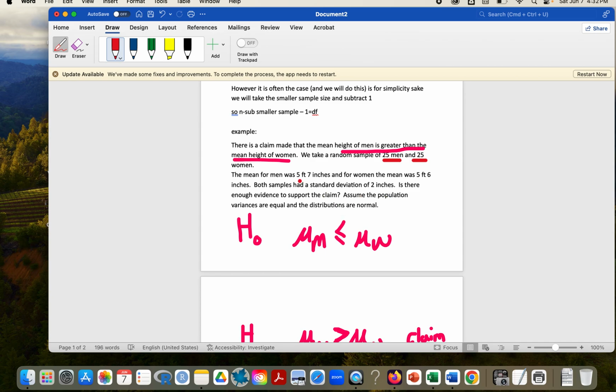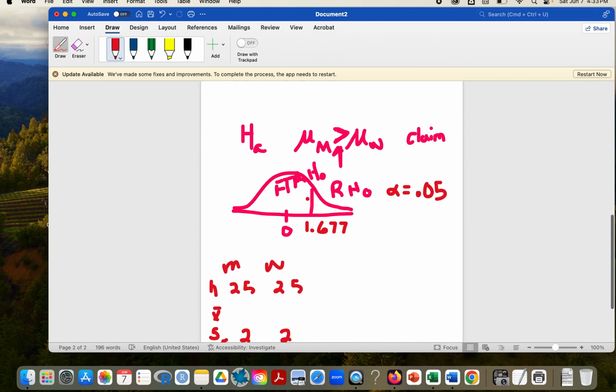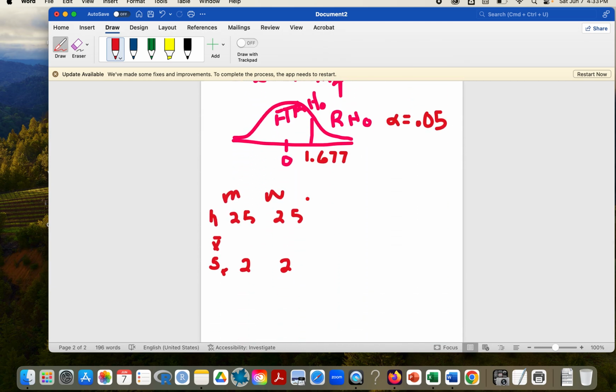Yep. So the problem is units at this point in time. I have 5 feet 7 inches and 5 feet 6 inches, so I need to convert that all to inches. My units need to be matching. So 5 times 12, there's 12 inches in a foot, so I have 60 inches. So for men, it was 67 inches, and for women, it was 66 inches.